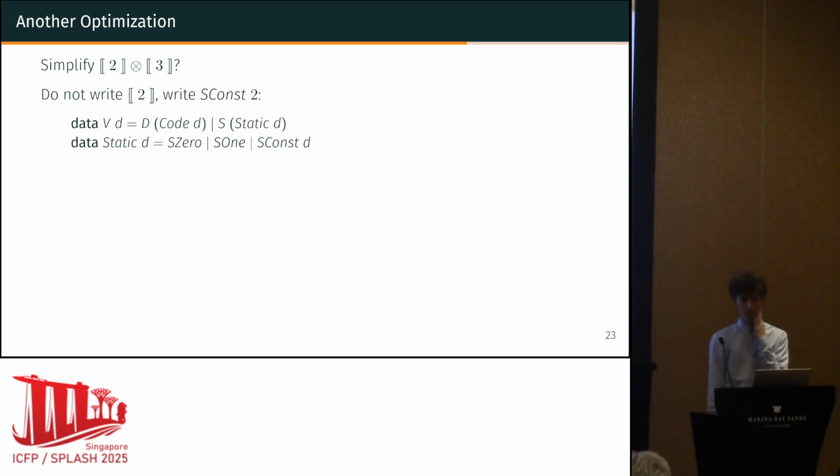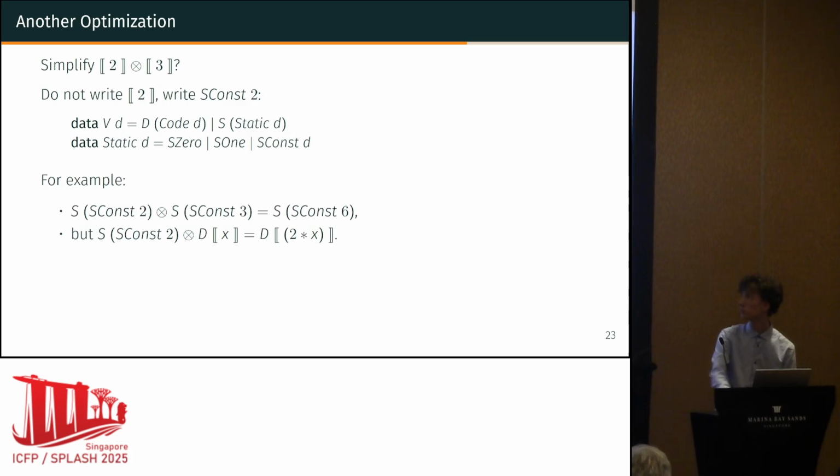For this, I'll build a tiny language around code in which we can distinguish between dynamic and static values, and we also distinguish between static zeros, ones, and other constants.